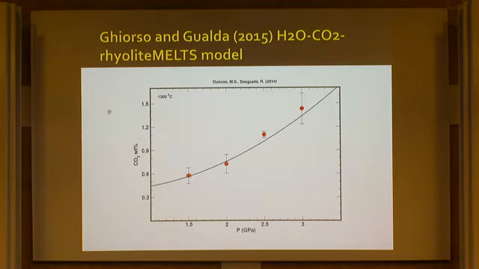I'm showing this data, which is significant. This is for the rhyolite composition, carbon dioxide solubility for experiments by Megan Duncan. This is significant because it was not included in the calibration for the rhyolite-MELTS plus fluid model, and yet the model clearly reproduces the data virtually within uncertainty.